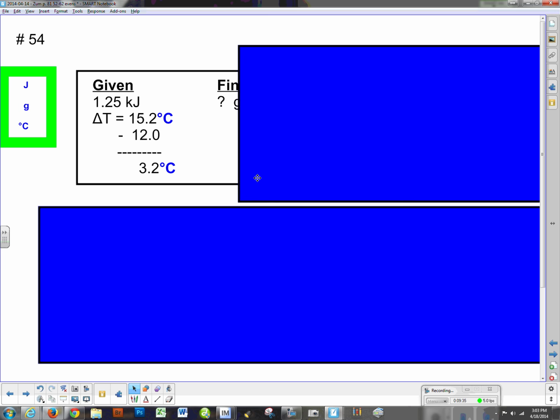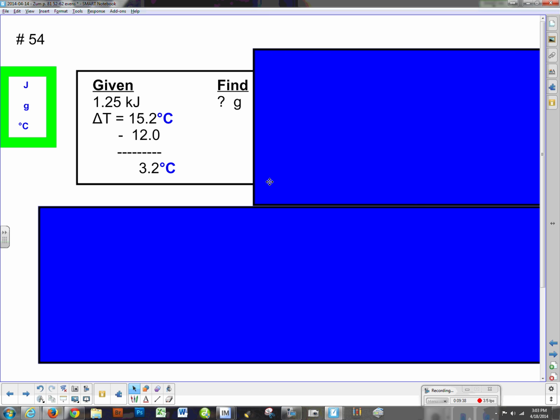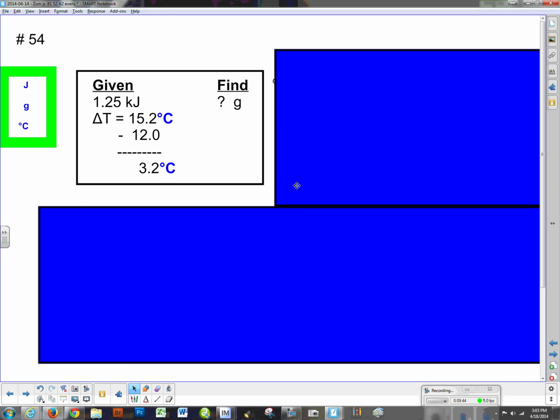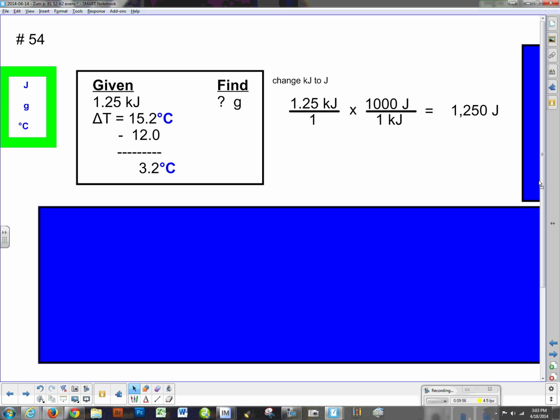Can anybody suggest to me, and it's no surprise now, that it's grams for the find? Can anybody tell me what we're probably going to have to do next before we can solve this problem? Anyone? Lizzie? Absolutely. Yep, that's what we have to do first. So this is how you're going to do that.